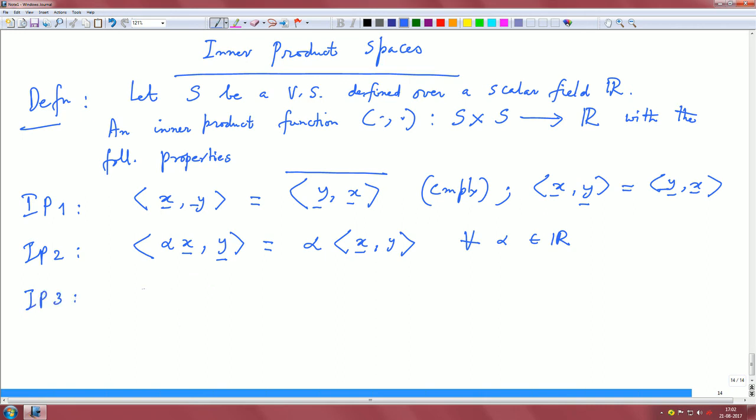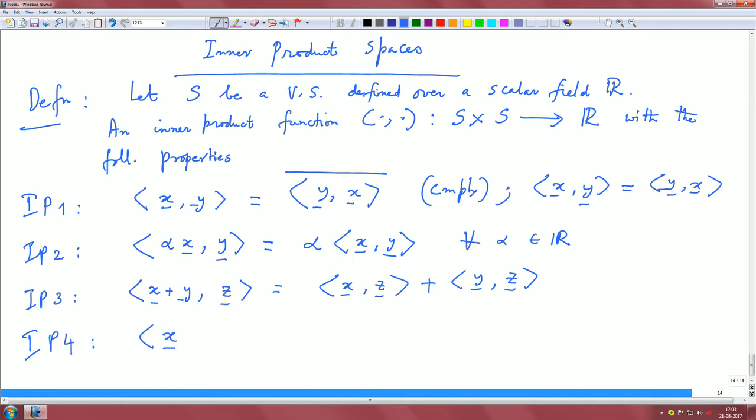The third property is basically distributive. You take x plus y and take the inner product with z; this is the inner product of x and z, plus the inner product of y and z, right. This is the distributive property. And we have the last property: the inner product of x with itself.